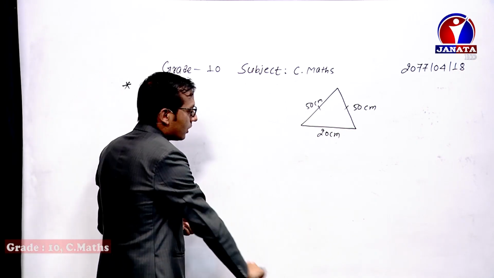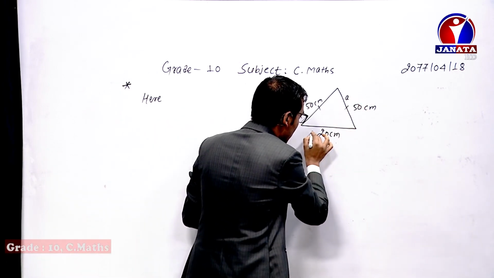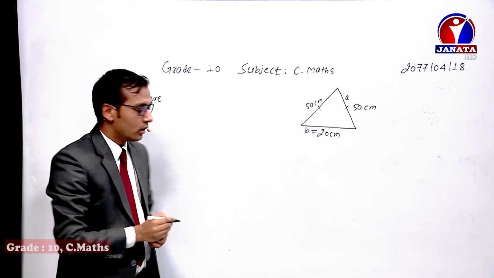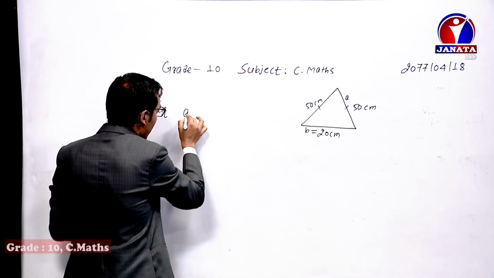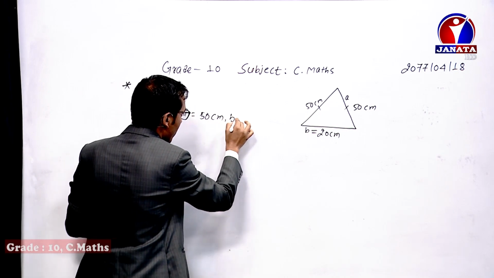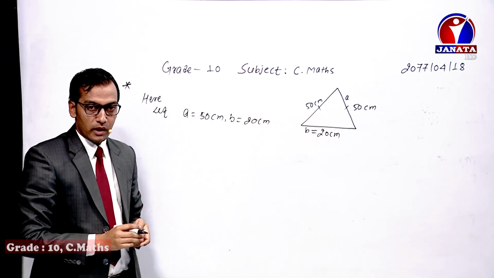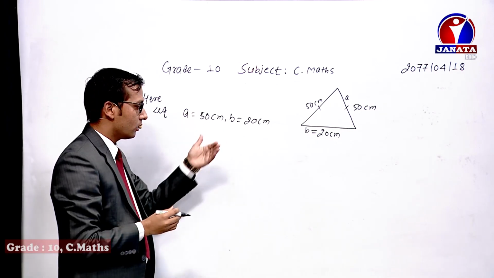Here we suppose the equal side of the triangle is a, and the base side of the triangle is b. So let the equal side a be 50 centimeter and the base b be 20 centimeter. Base means the remaining, or third, side of this triangle.